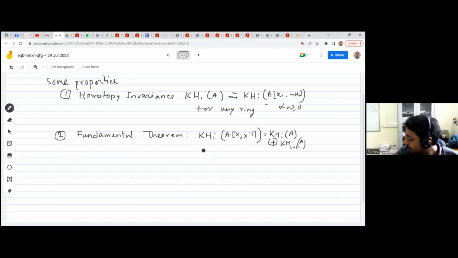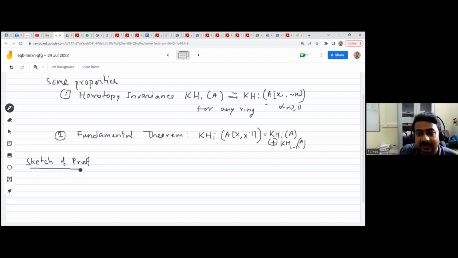So there are many other properties. There are more properties I will write down, but before that, let's see the sketch of the proof, so that we will see how the definition is being used.